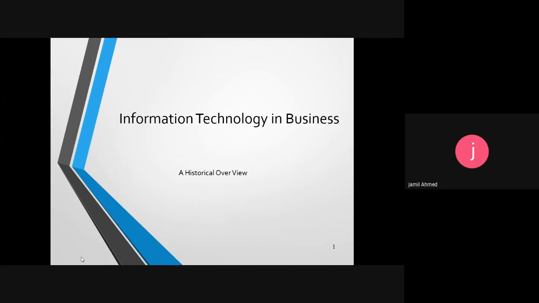But when both these technologies emerged together, they gave birth to information technology, because unless communication technology was involved with the computer, information technology could not have been created or generated.